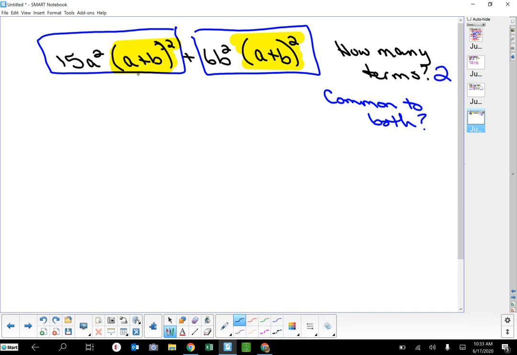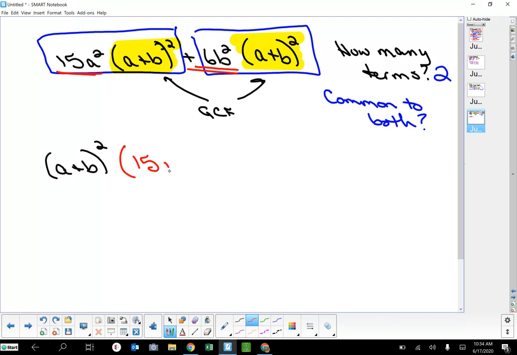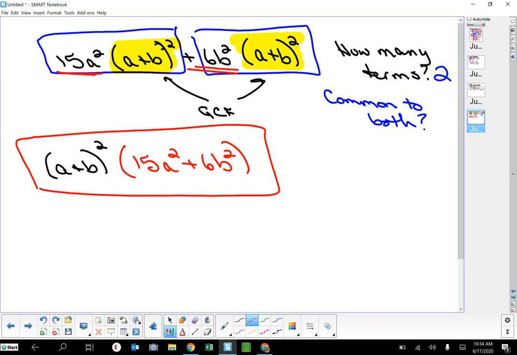So you can take this guy out with the 2 attached to it, the squared. And so remember, your GCF always goes out front. So a plus b quantity squared. Make sure it looks just like it does in the problem. Don't leave the parentheses off. And then what's left over would go into your next set of parentheses. So I would have parens 15a squared plus 6b squared. And varsity will take this as an answer.